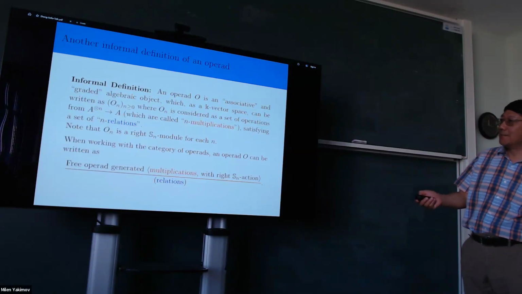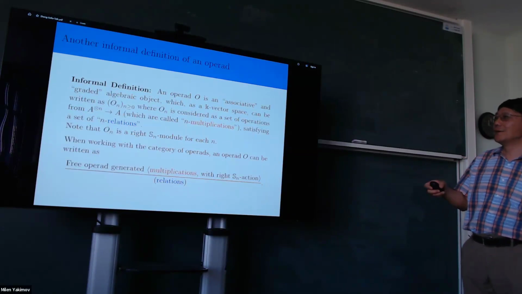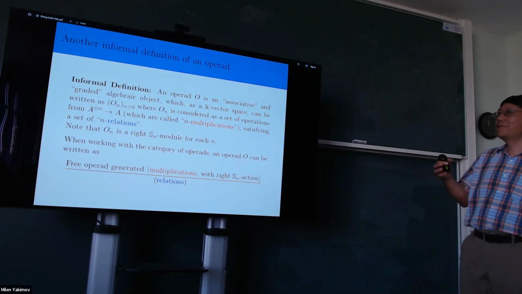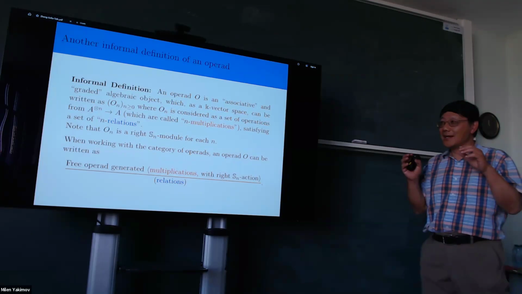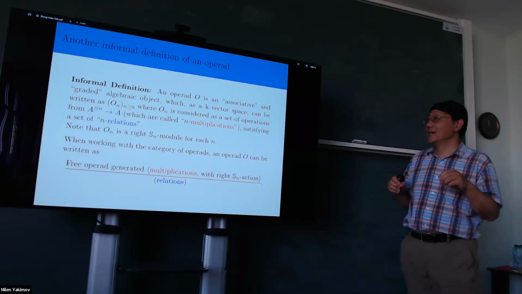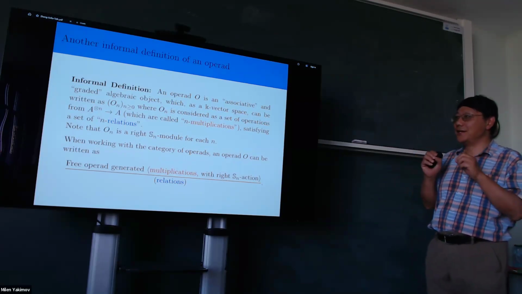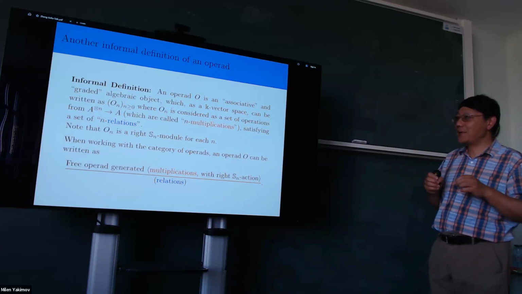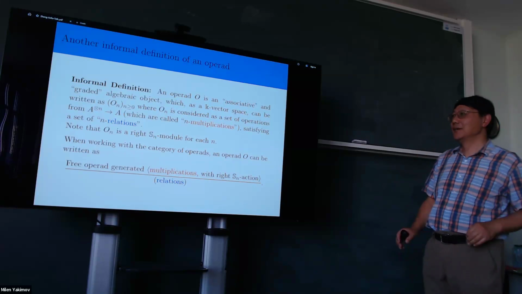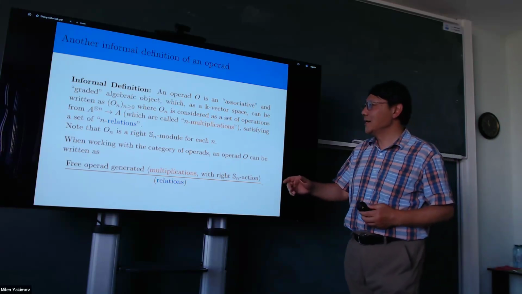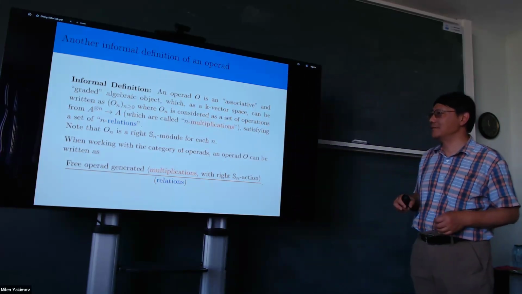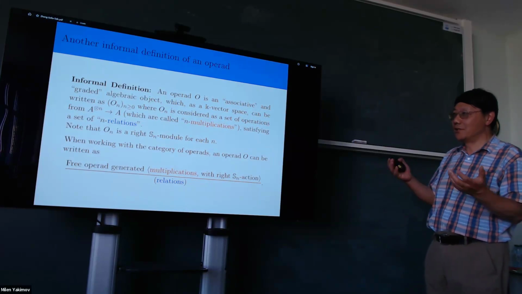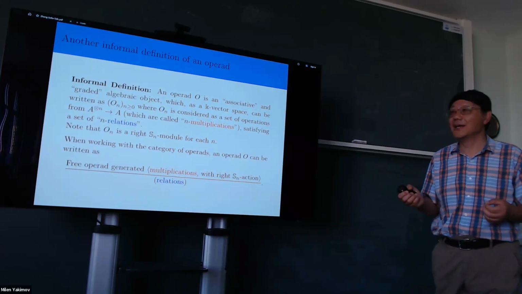Another informal definition is that an operad O is like an associative algebra. It's associative, it's graded, and as a vector space you can decompose it. Each O(n) is considered as a set of operations, or n-ary multiplications.